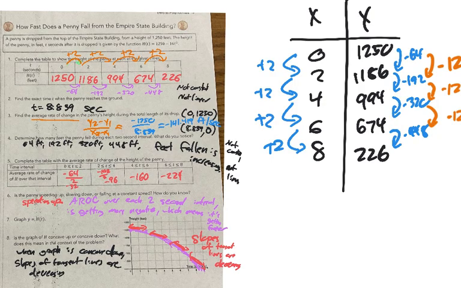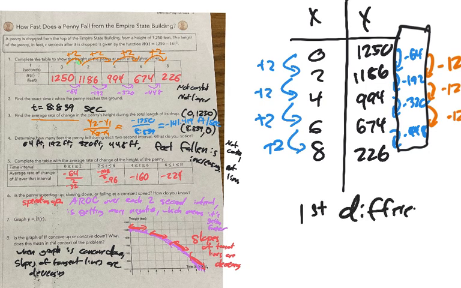Here's the way that you don't have to know it to that level for pre-cal. Here's what you need to know. This line where I find the rate of change, we're going to call that the first difference. If the first difference is constant, then it's a line.